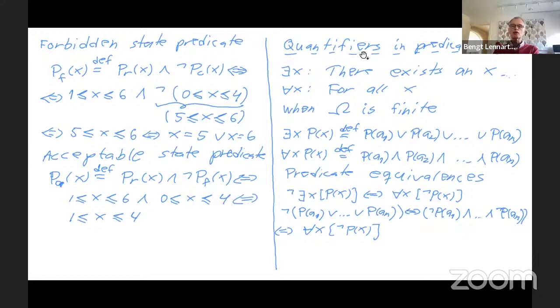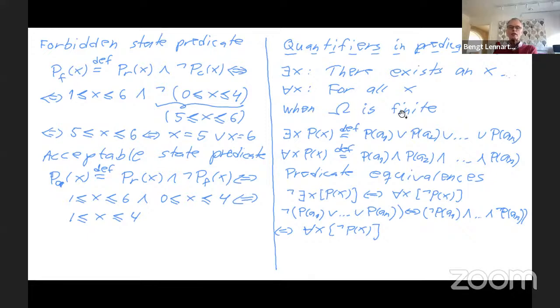Then for predicate logic, we also have quantifiers as an additional topic, which is very useful. So then we can talk about, well, there exists at least one x for which you can do that, and for all x, you can have a specific property.